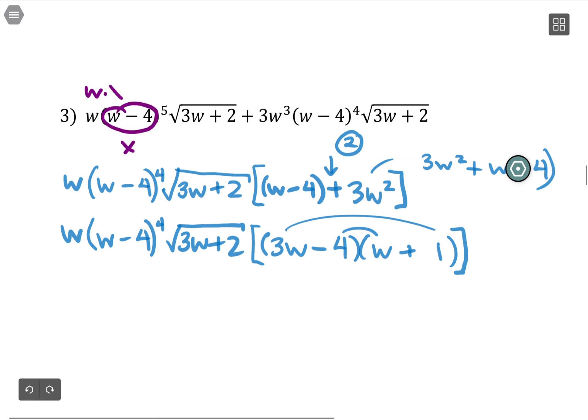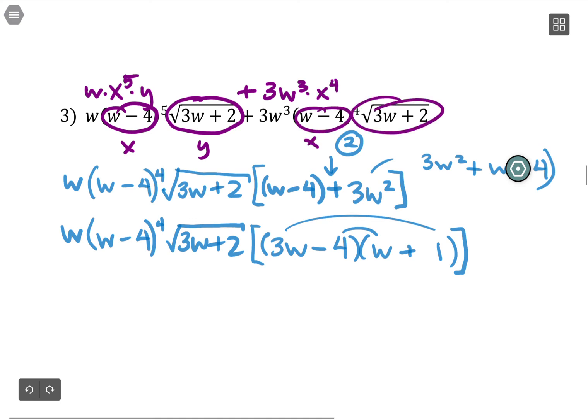So it's like we have w times x to the fifth, and I'm going to call this whole thing y, times y, plus 3w cubed. And here's our whole x again. So we have x to the fourth, and here is our y again. So that still looks kind of messy, but that's the simpler problem.